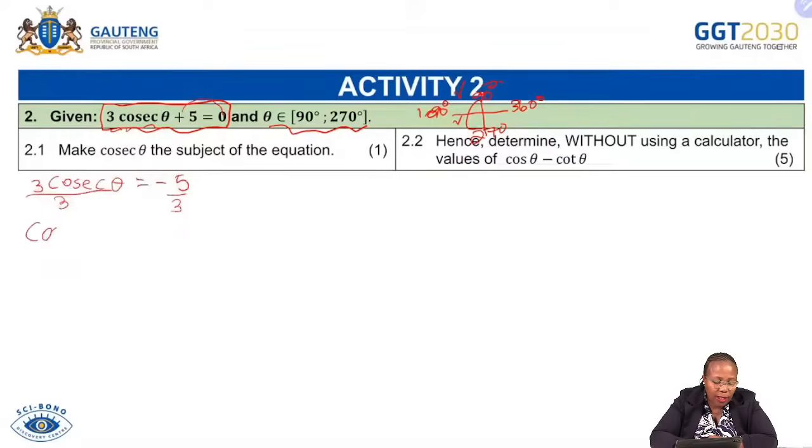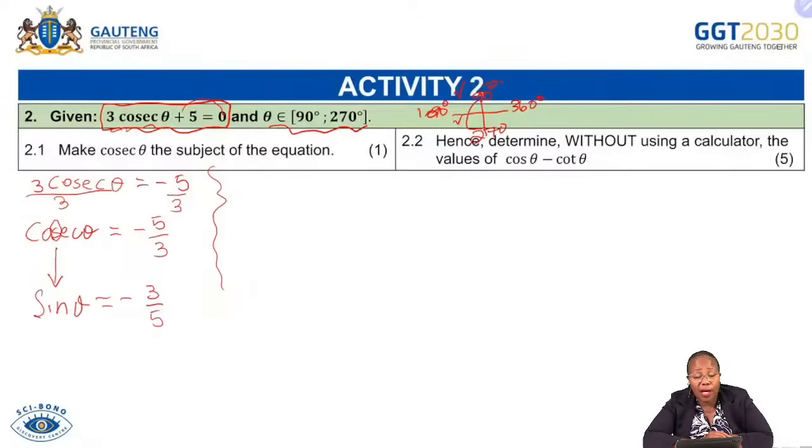Then cosec theta is equal to minus 5 over 3. Bear in mind that a cosec is a reciprocal or an inverse of sine. That means if cosec is minus 5/3, the sine theta will be what? Minus 3/5, because we are swapping around.